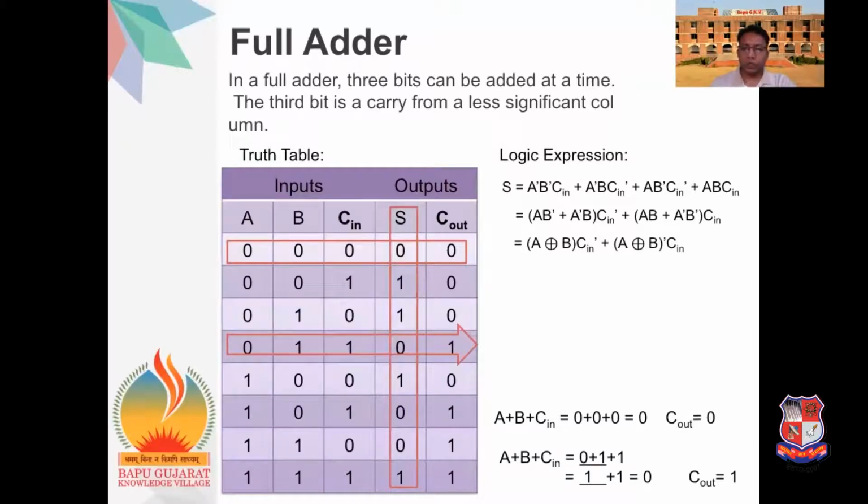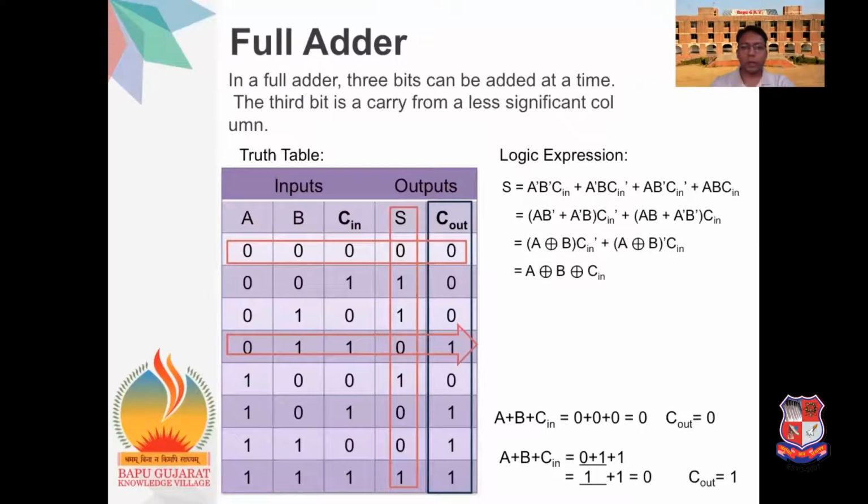So here it is (A XOR B) times Cin' or (A XOR B)' times Cin. This third row represents the XORing of A, B and Cin. So this is the expression for the sum.